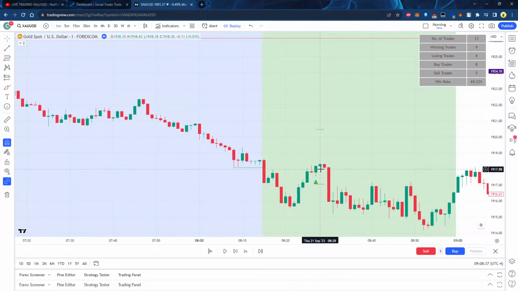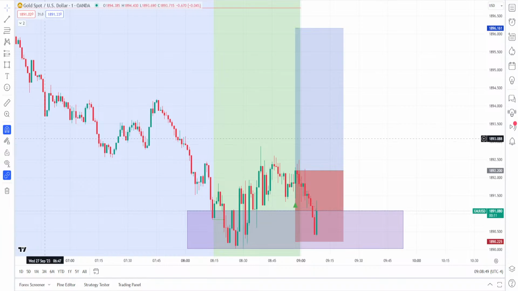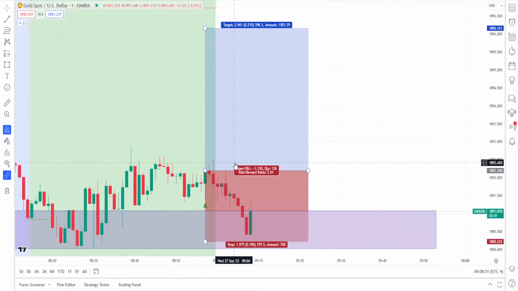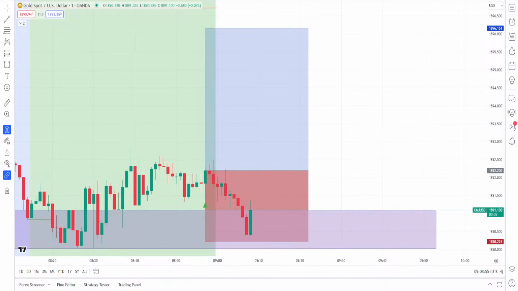But for example, this trade right here, oh wait, hold on, let's swap back over to gold. Let's swap back over here. And I might take this trade, guys. Yeah, I probably will take this trade here.